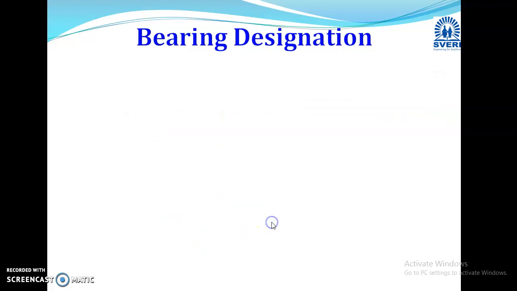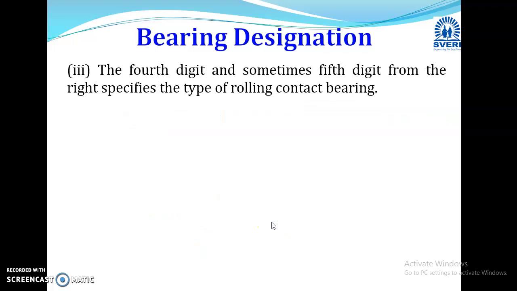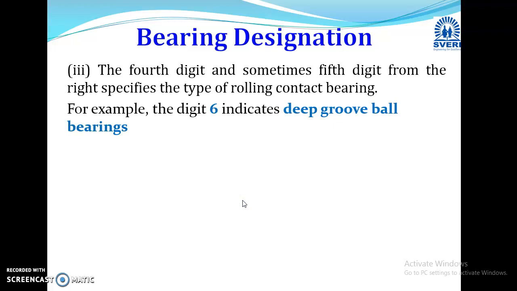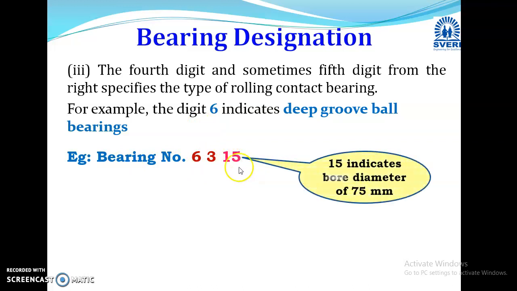Now friends, the fourth digit, and sometimes the fifth digit, from the right specifies the type of rolling contact bearing. Generally the fourth digit is 6, and 6 indicates the deep groove ball bearing. So the bearing number is given as 6315. 15 into 5 gives a bore diameter of 75 millimeters.